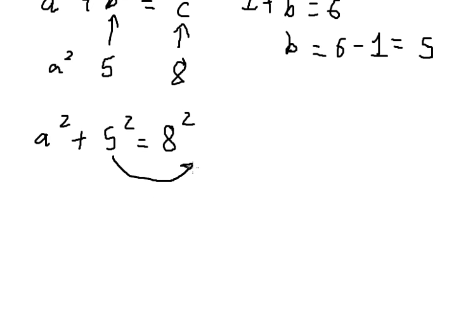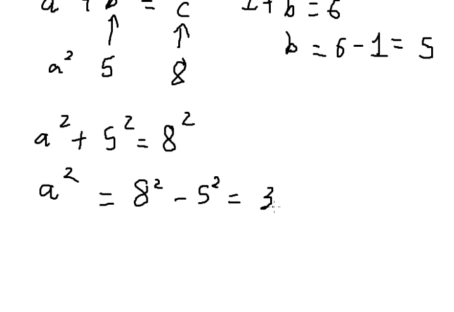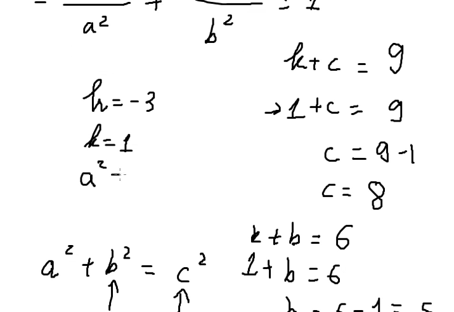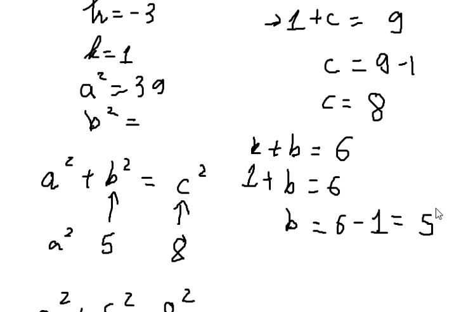So we put this one in here, and we have a squared minus 5 squared equals 39. We don't need to find the square root of this one because we need to find a squared in here. So a squared equals 39, and b squared, that's 5 in here. 5 squared, you get 25.